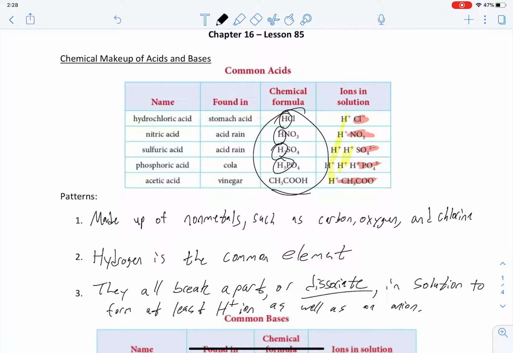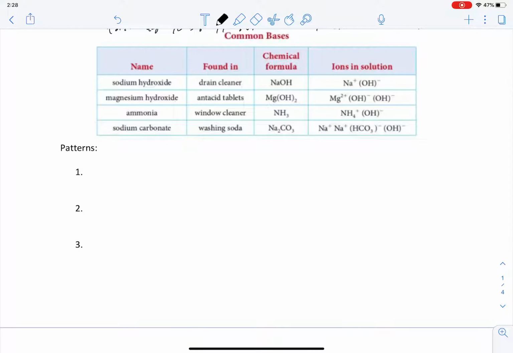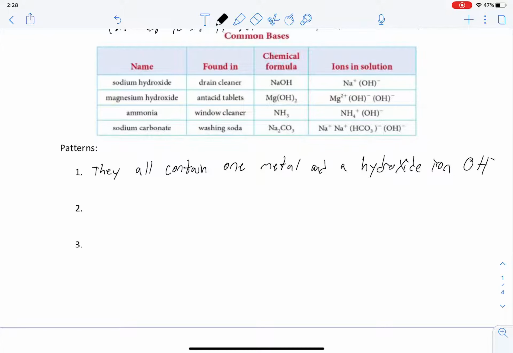So we're going to do the same thing again, this time with a table of bases, and we're going to try to find 3 patterns that all of these have in common. So for one, they all contain one metal and a hydroxide ion, which is our OH minus.